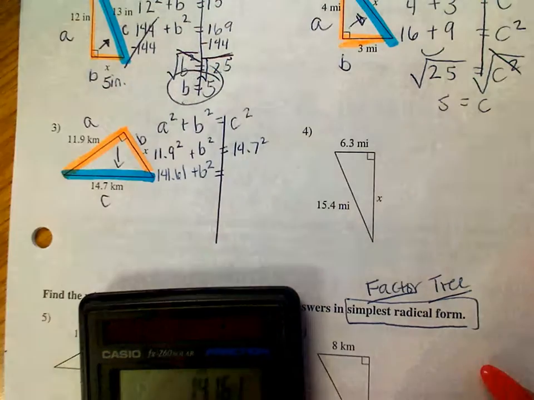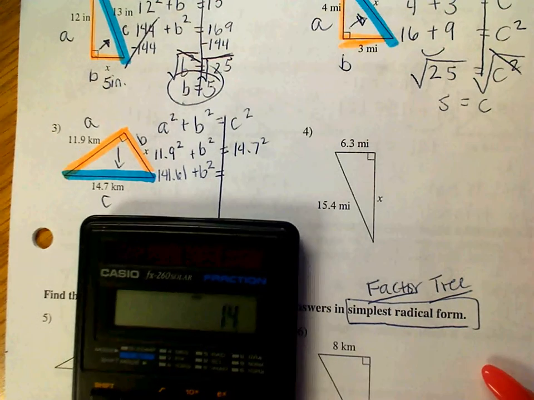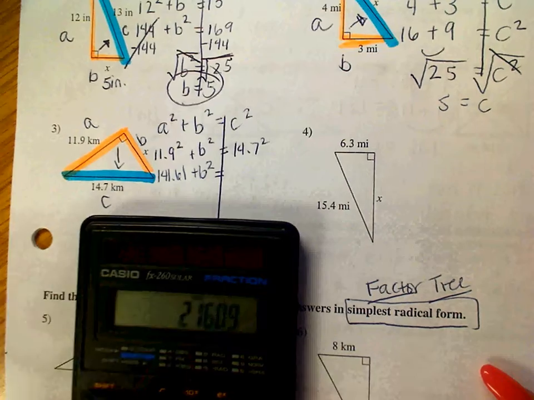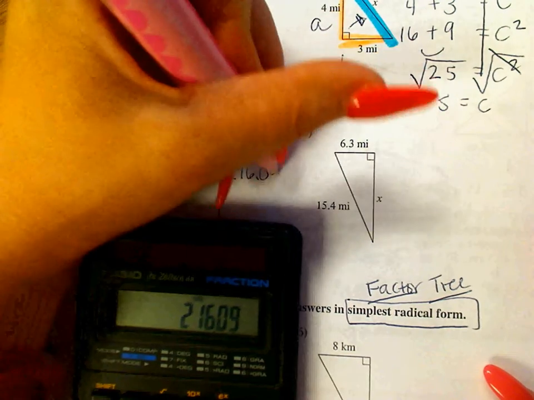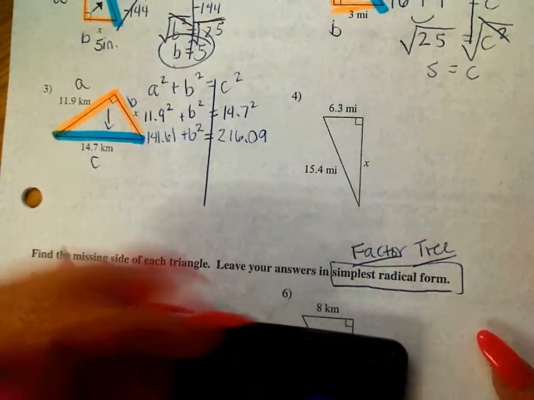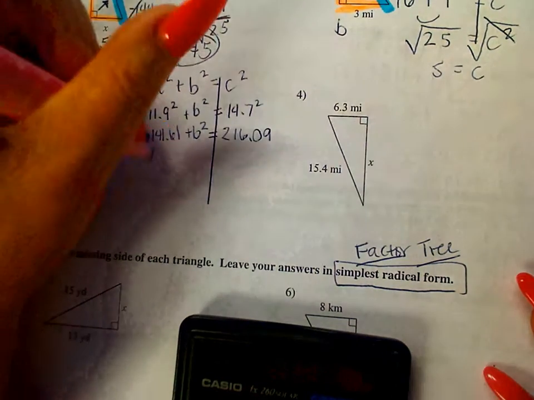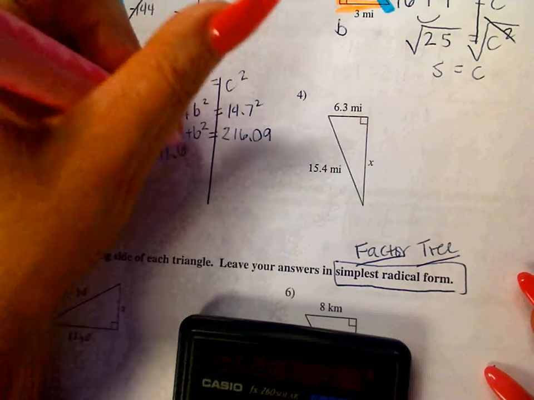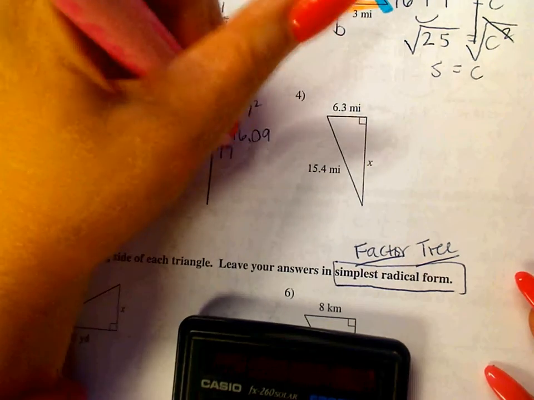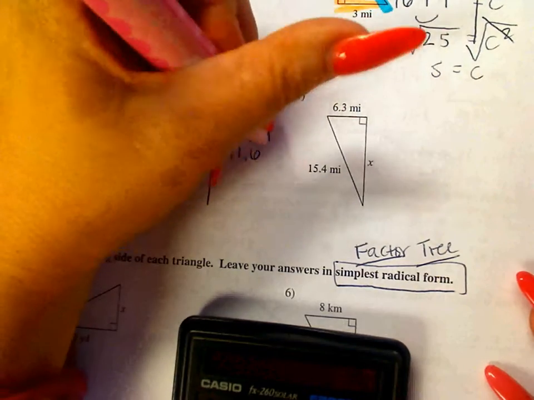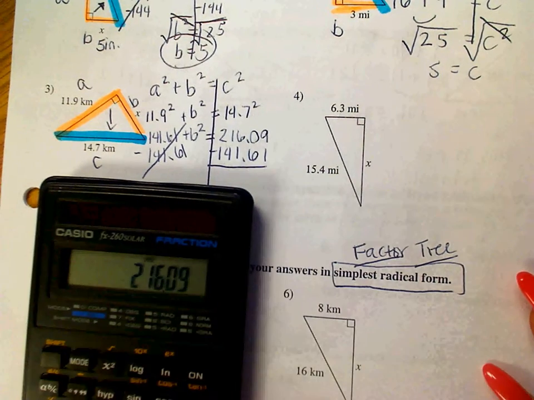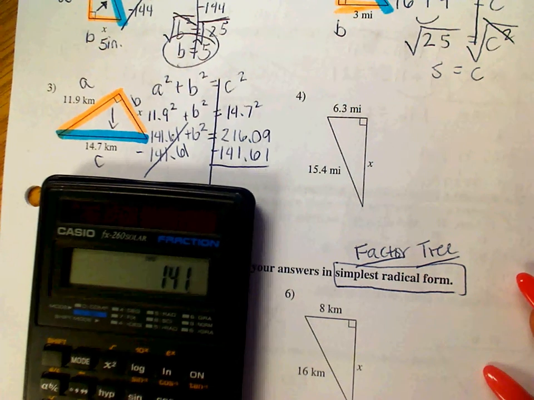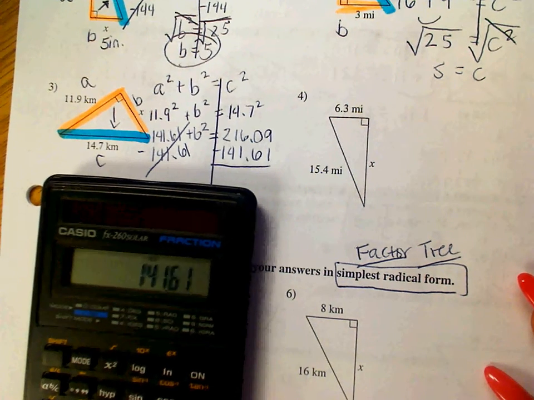Okay. 14.7 squared is 216.09. Okay. So here you have to subtract. So that number minus that number.